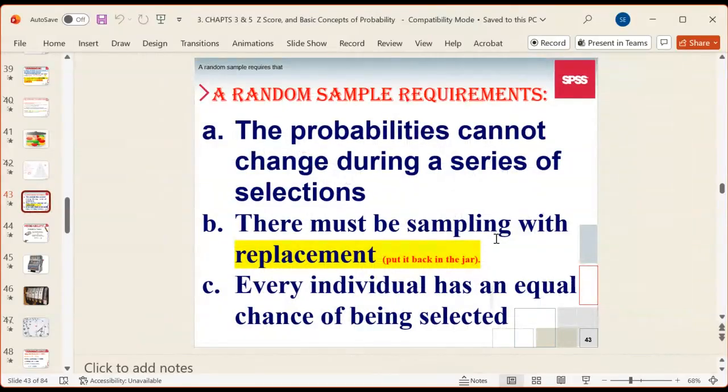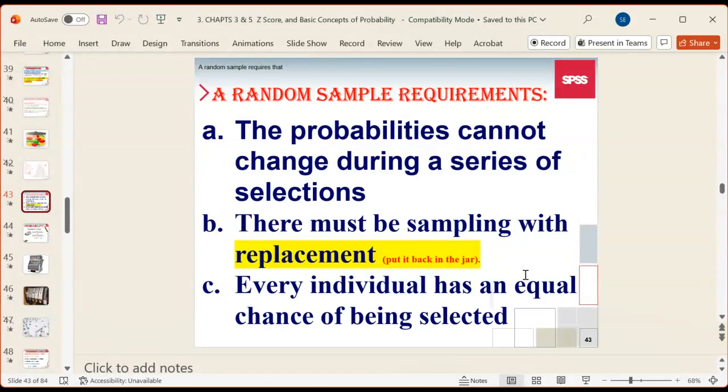Random sampling requires these three. The probability cannot change during a series of selections. That means if this semester we have 2,000 students, that's it, that's 2,000. There must be sampling with replacement.